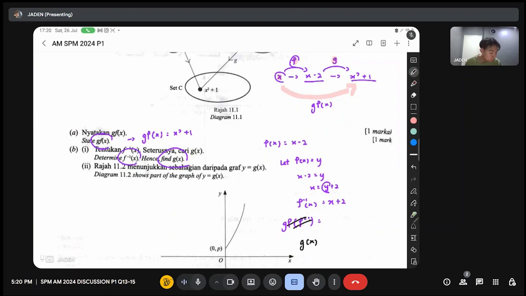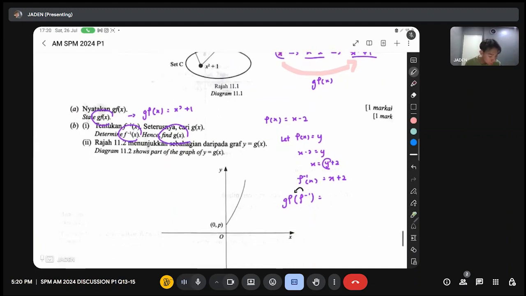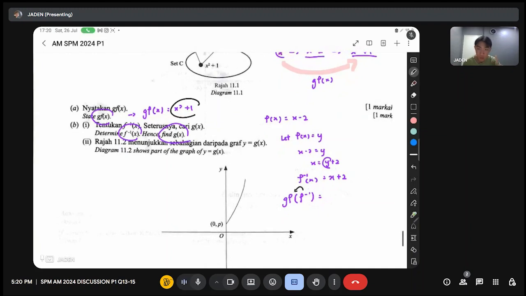If you already write down in this form, that means you want to substitute your f inverse into your gf function. So look at how I do this. x squared plus 1, so your x now changes to f inverse.